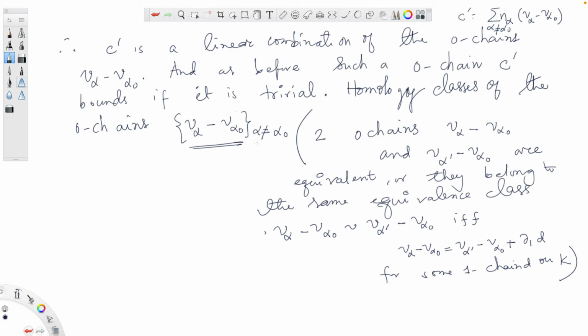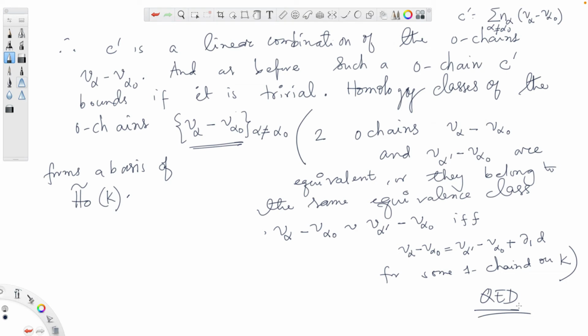Okay, so based on these two points, we figure out that such classes of zero chains form a basis of this reduced homology group H0 tilde of K. Okay, QED. So we are done proving the second theorem of this lecture.